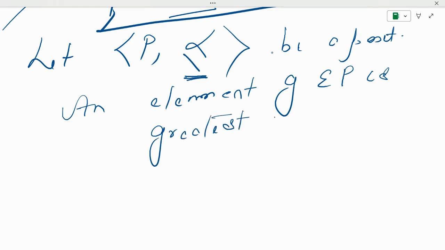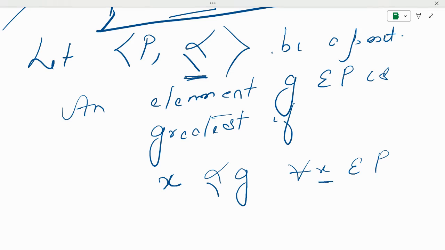is greatest if for every X belonging to P, X is covered by G. So G should cover all the elements of P, right?